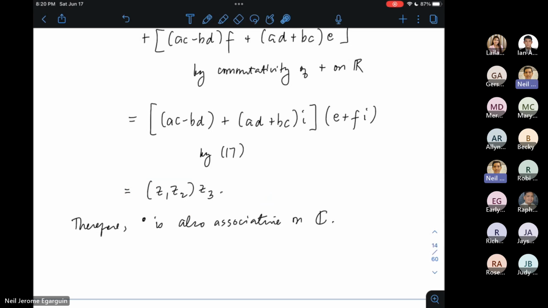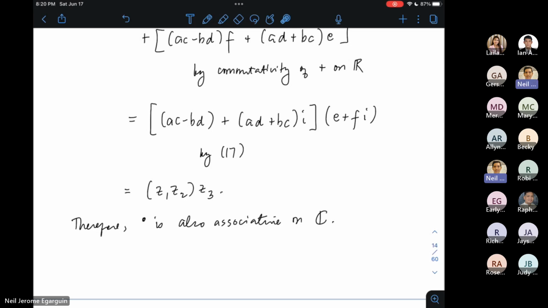So medyo mahaba. Pero siguro yan yung isa sa mga homework nyo, not to be submitted, is to read the associativity proof of multiplication. Similar to sa addition, mas marami nga lang operations ang kailangan gawin bago sila mas-simplify.